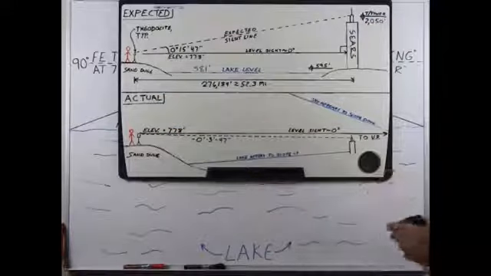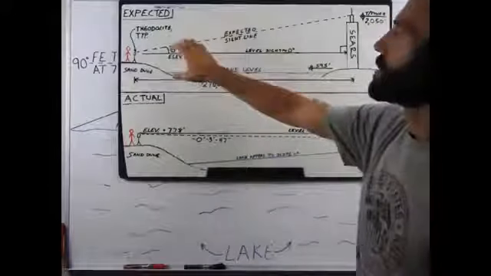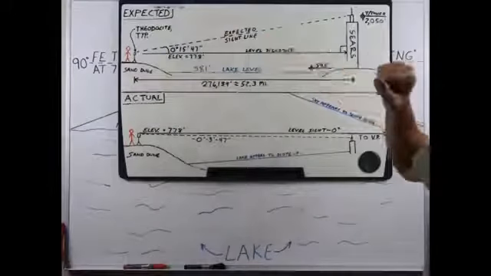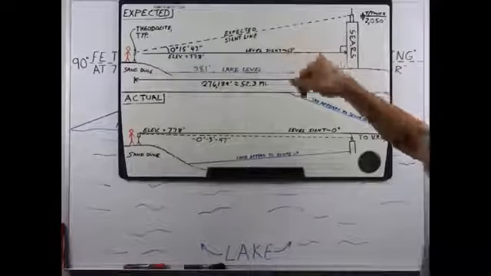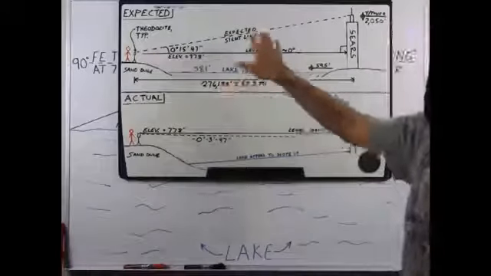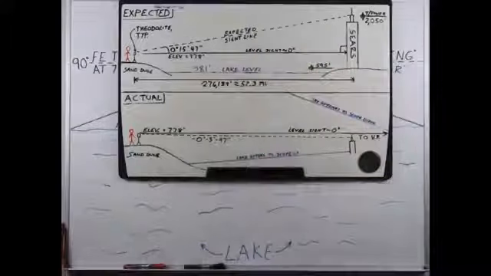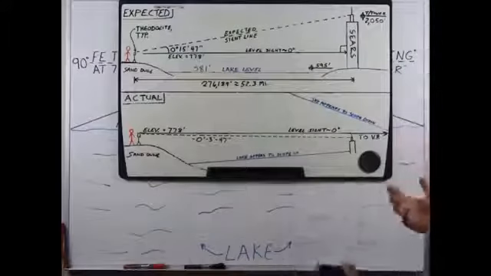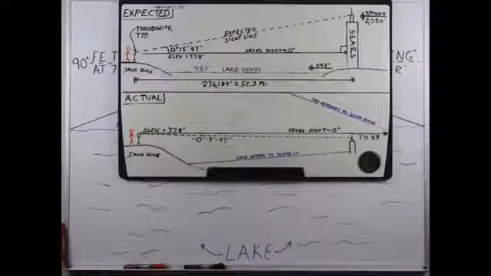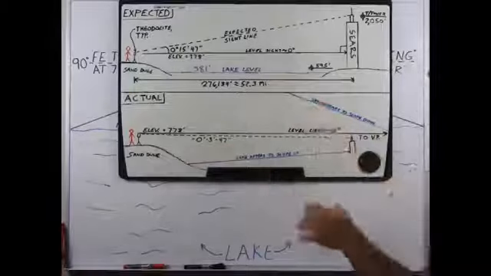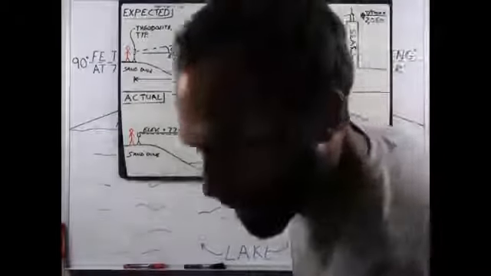But we would also have our own perspective effects going on here. We would actually see the lake sloping up, but this is just an idea of how to visualize this calculation, how it was done. I've got the actual down here, but I'll talk about that in a minute.